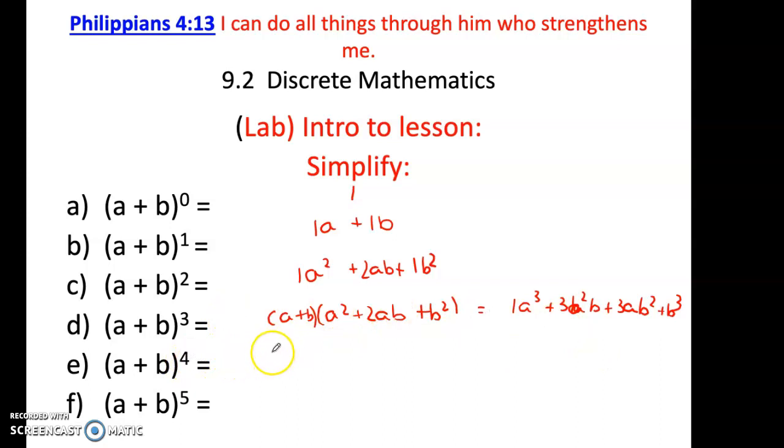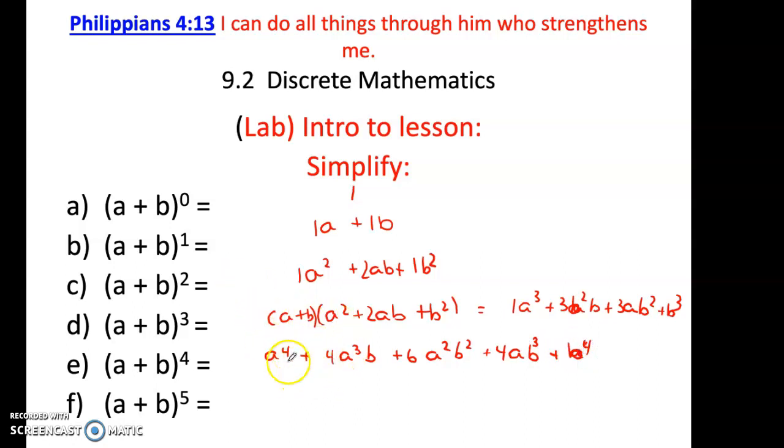The answer would be a to the 4th plus 4a cubed b plus 6a squared b squared plus 4ab cubed plus b to the 4th.